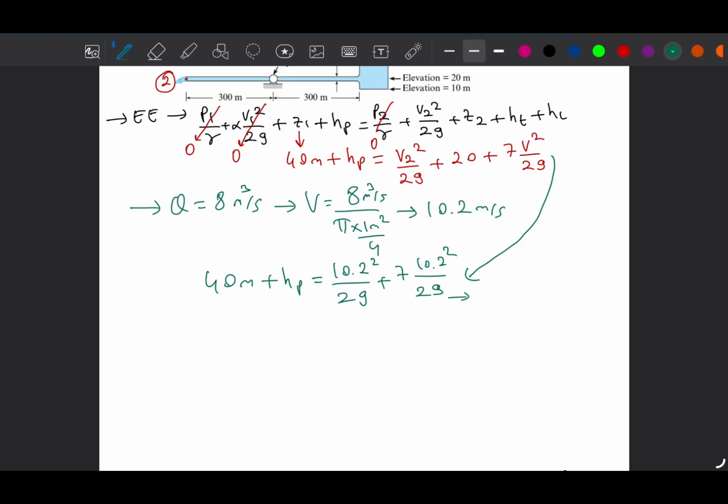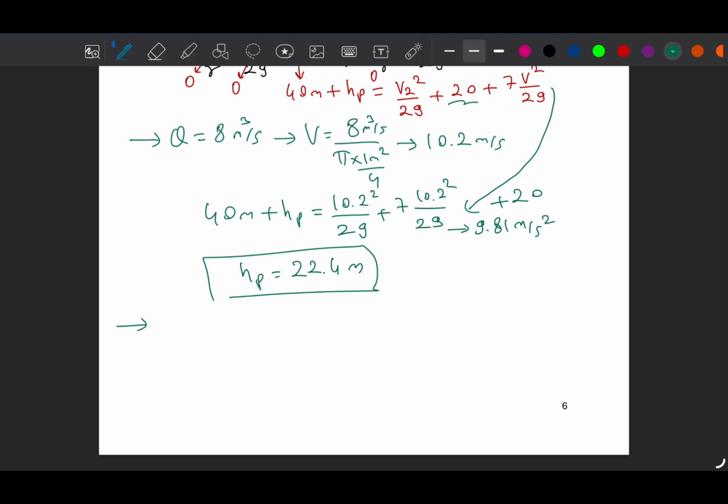And g is 9.81 meters per square second. And from here, we also had 20 here. So HP will be equal to 22.4 meters.